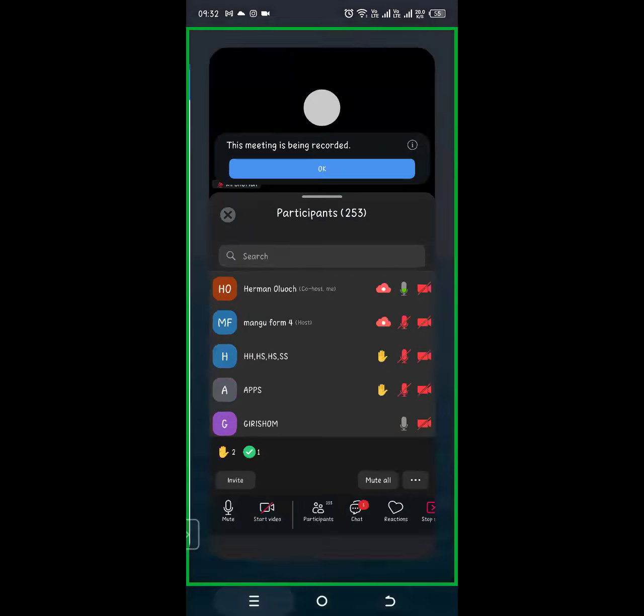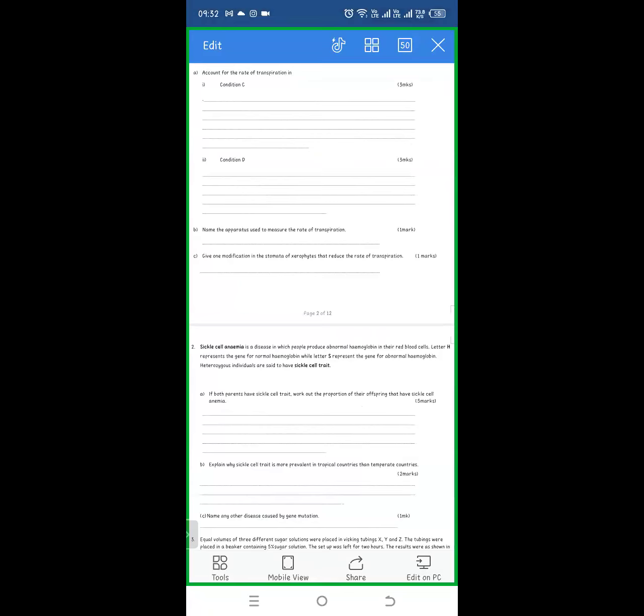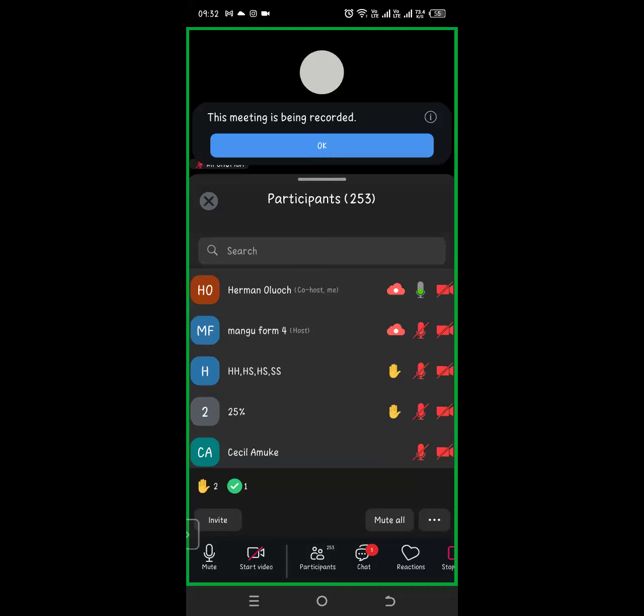What is the probability? Work out the proportion of the offspring that have sickle cell anemia. That should be a fraction. What proportion is that? I can see someone here is saying HH capital, HS capital, HS, and then we have HS. Maybe you can unmute and speak.